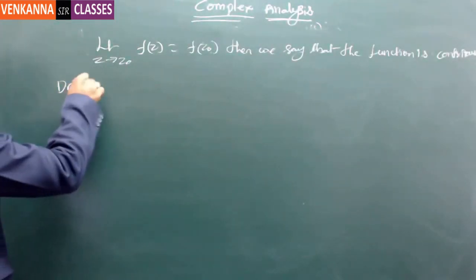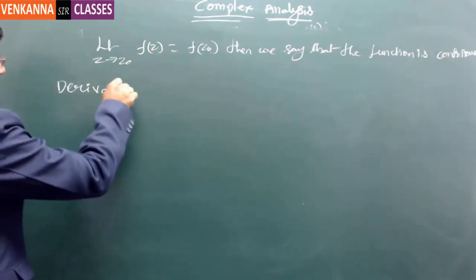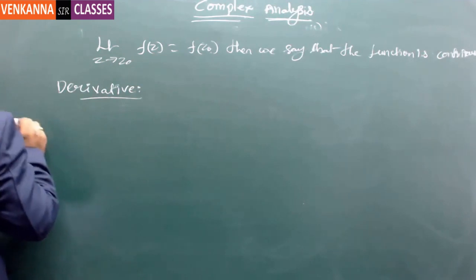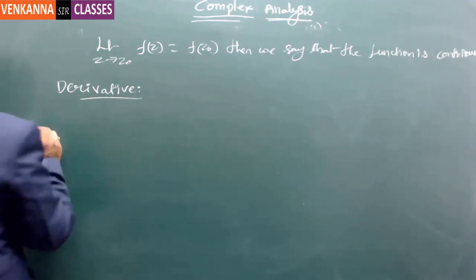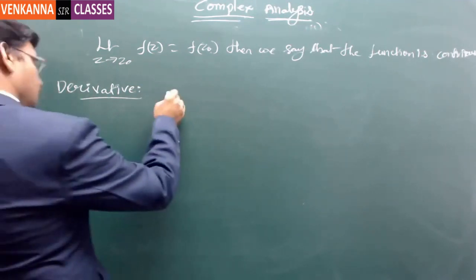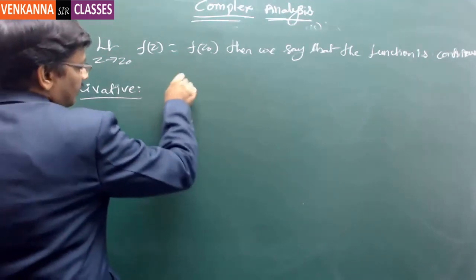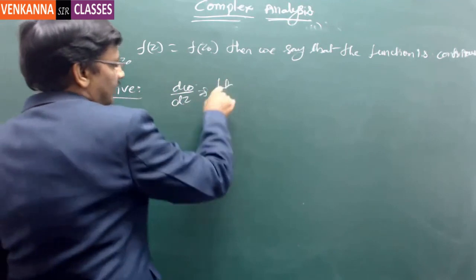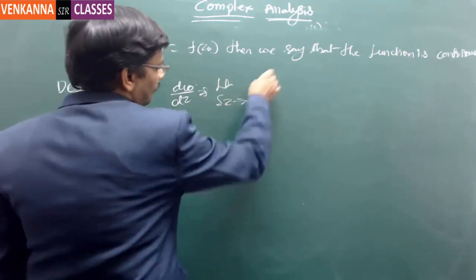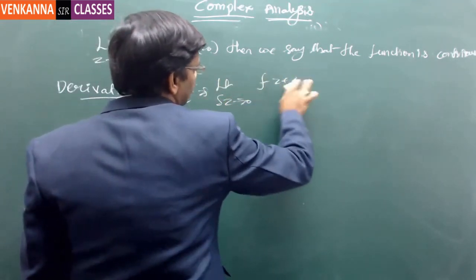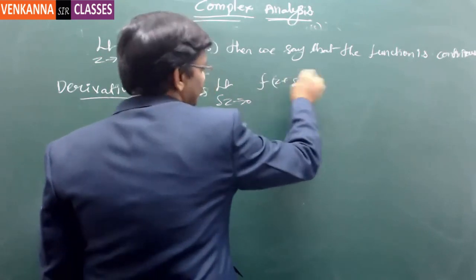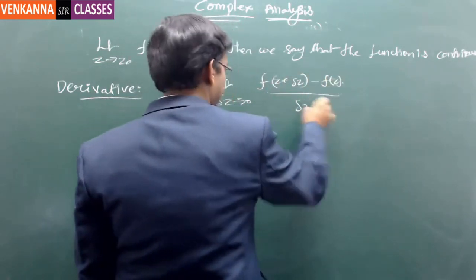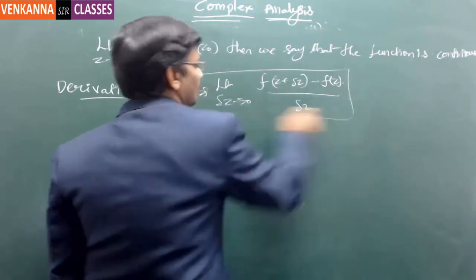Coming to the derivative, limit dw by dz is nothing but limit delta z tending to 0, f of z plus delta z minus f of z divided by delta z, and this is the derivative function.